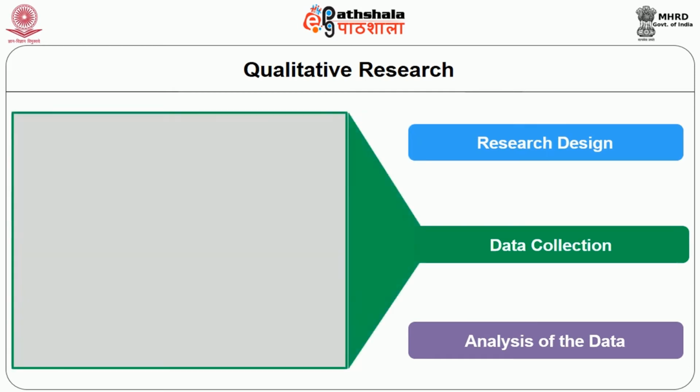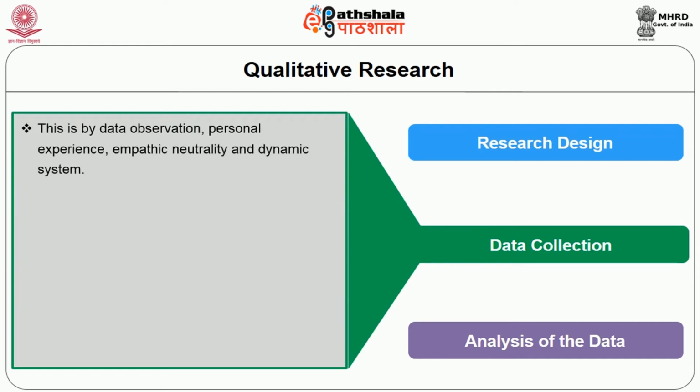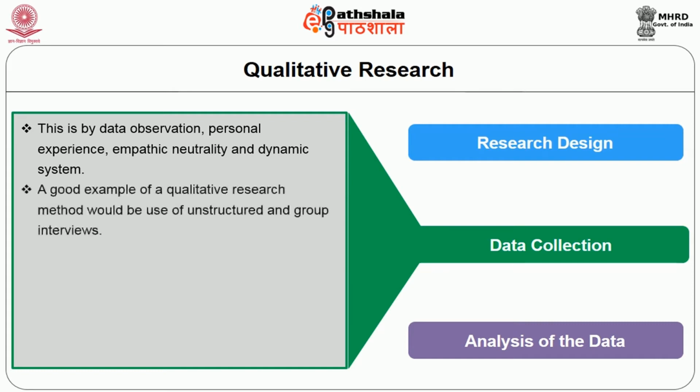The second key element is data collection. This is by data observation, personal experience, empathic neutrality, and dynamic system. A good example of a qualitative research method would be use of unstructured and group interviews. This may generate qualitative data through the use of open questions.